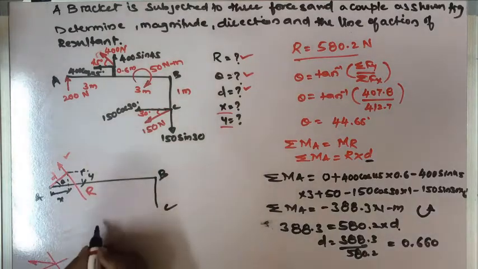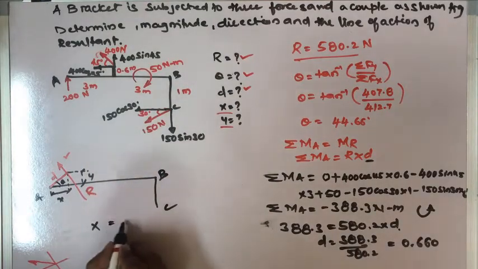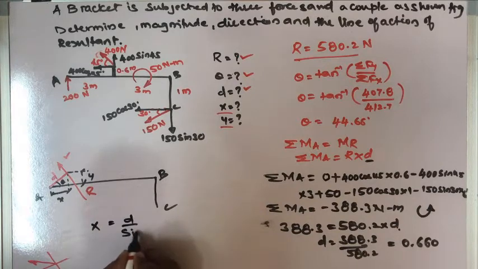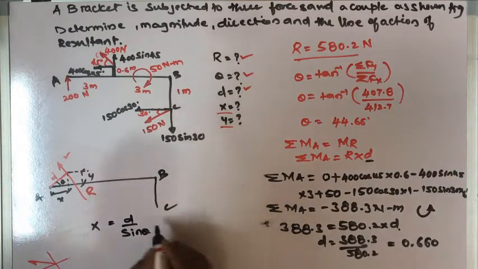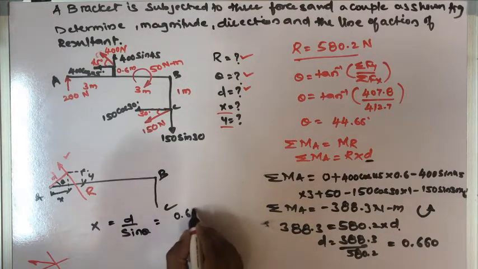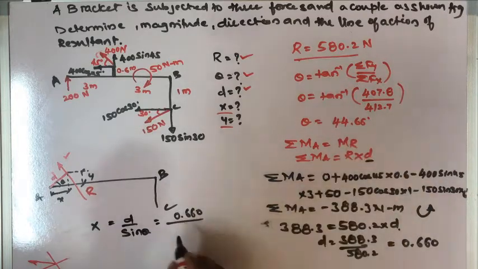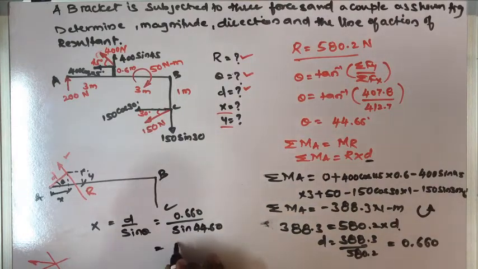So x can be written as d by sin theta, where d is 0.660 and theta is 44.66, so sin 44.66 gives 0.938.